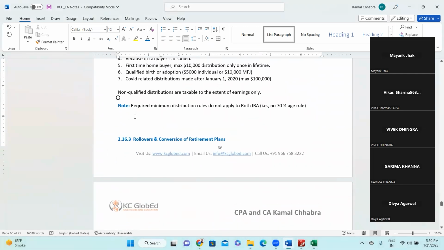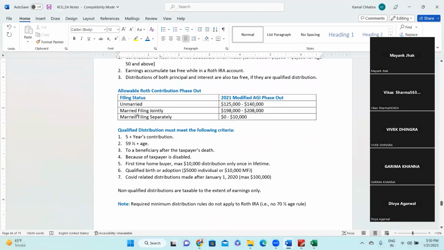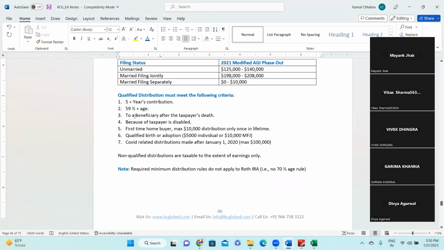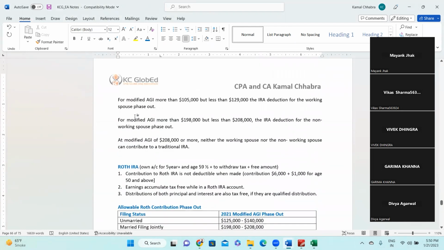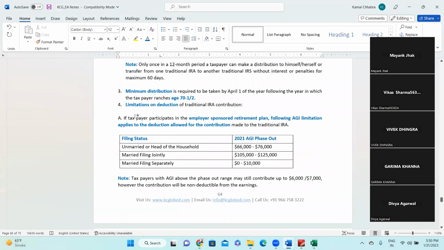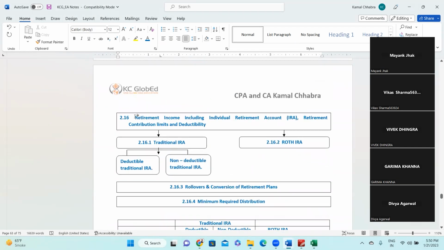So next one is rollover and conversion, but maybe we can take a break over here. After the break, we start with the rollover and conversion plans. So far, we have covered a major chunk of it, which is the traditional IRA, both deductible and non-deductible, and we have also covered Roth IRA.